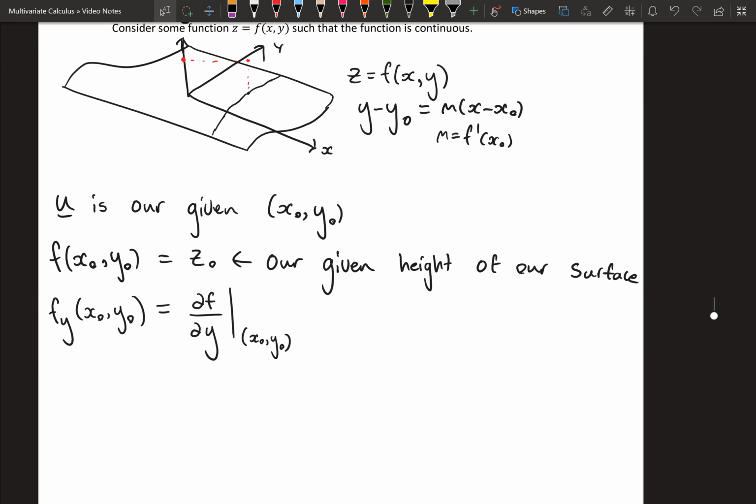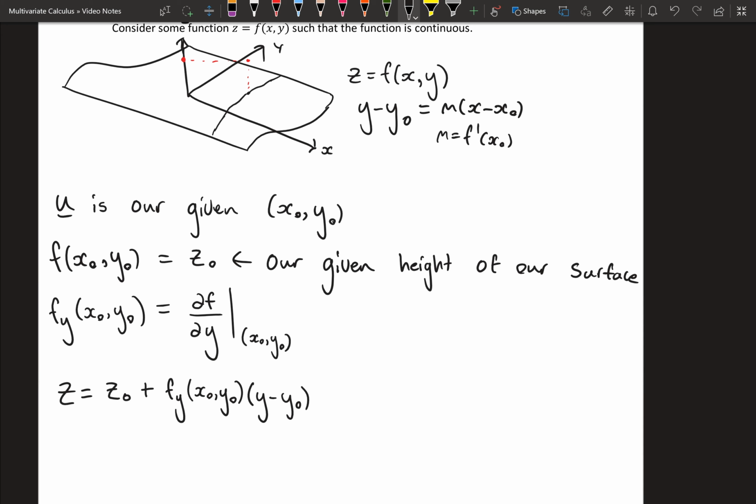We know that the given line is something like z is equal to z naught, the shift of height, which makes sense, plus f sub y of x naught, y naught, multiplied by y minus y naught. Okay, so we've got a tangent line in a potential direction, so that makes sense, right? Yes, it does.